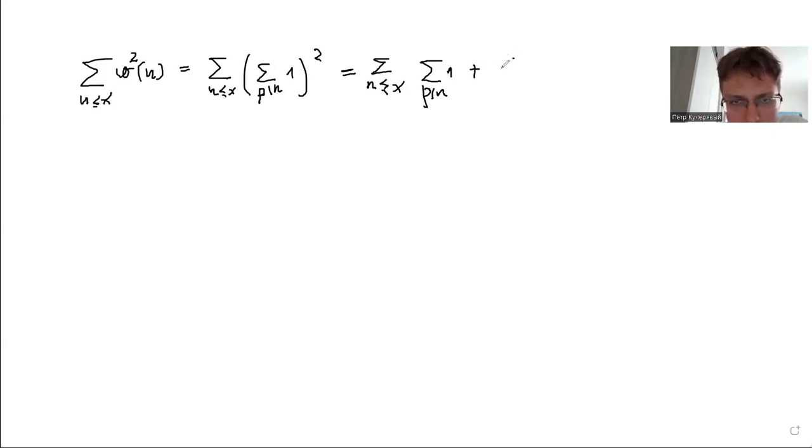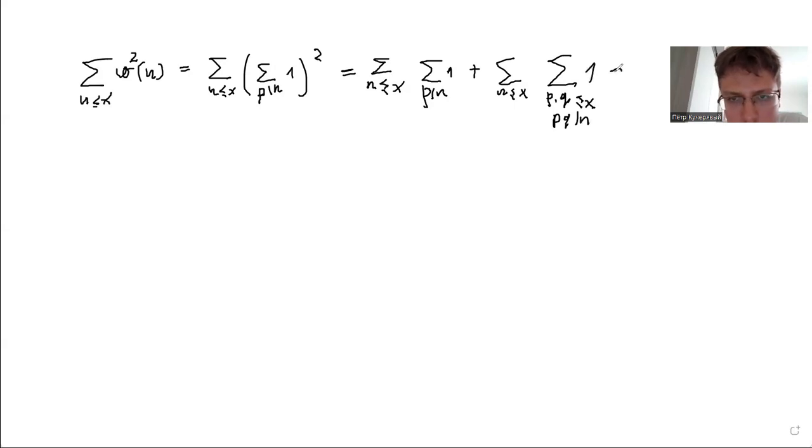Plus the sum over n less than or equal to x, sum over pairs of primes which are different. Actually, let me write it as a sum over all primes, it doesn't matter. pq divides n, 1.